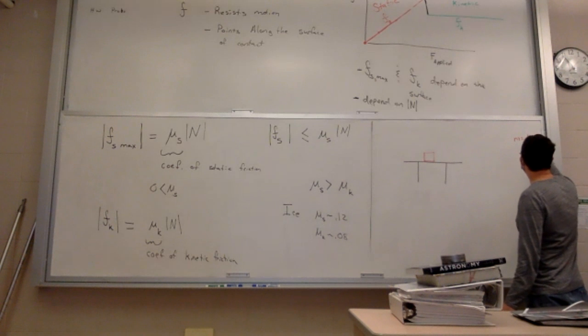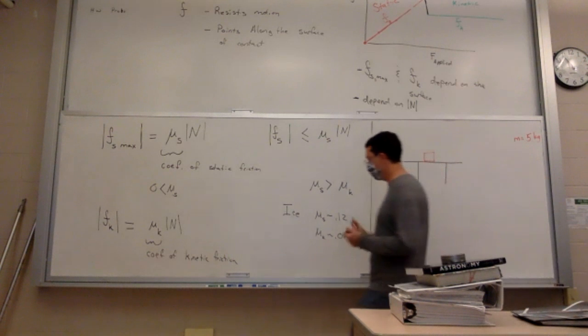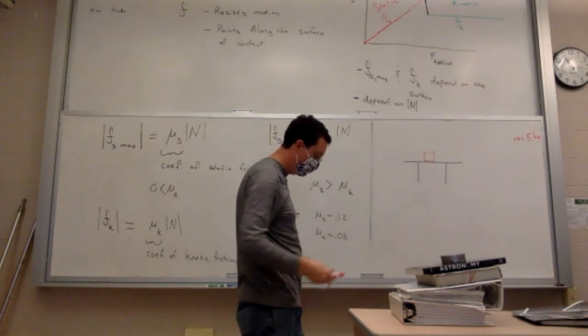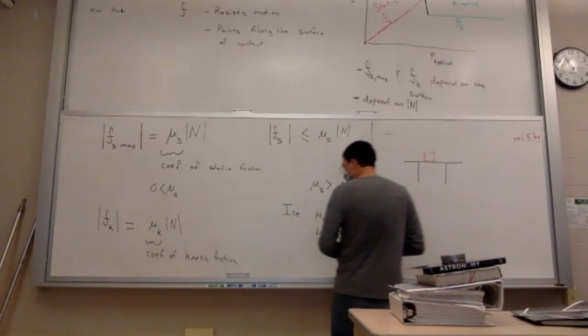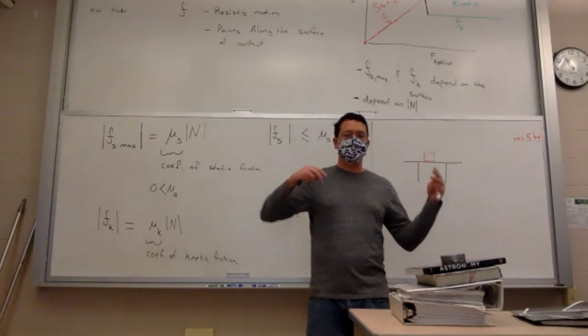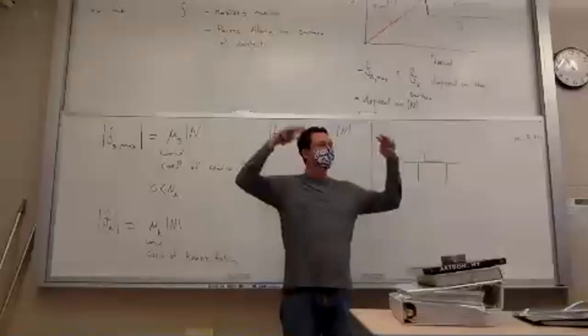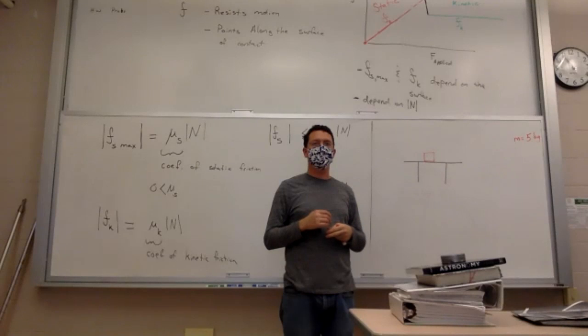Let's say 5 kilograms. Mass is 5 kilograms. So what I'm going to do is take this scenario and just add more and more bells and whistles to it, and we'll figure out how things behave.